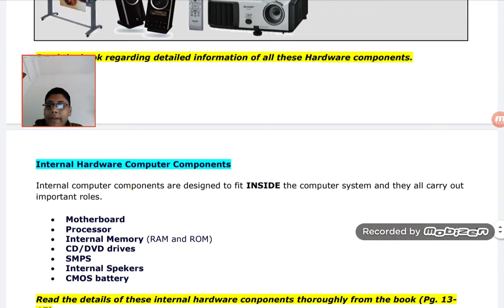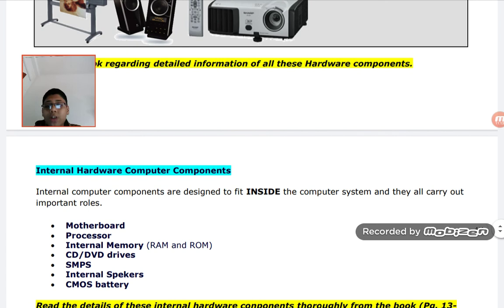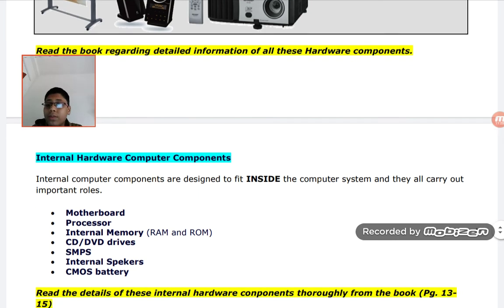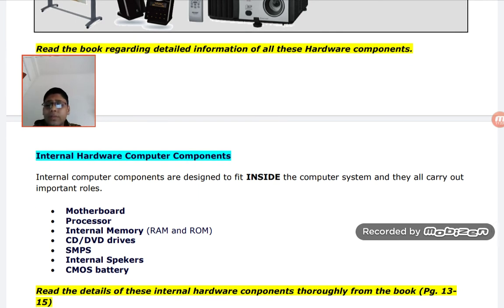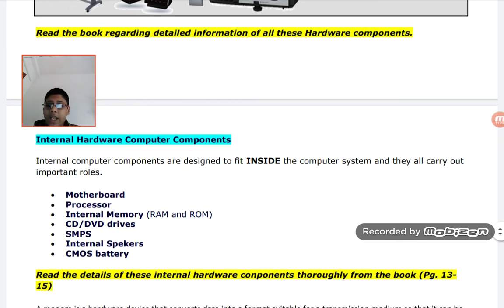Now, internal hardware computer components. Internal computer components are designed to fit inside the computer system, and they carry out important roles: motherboard, processor, internal memory, RAM or ROM, CD, DVD drives, SMPS, internal speakers, CMOS battery, etc. See, CPU is not only one part.